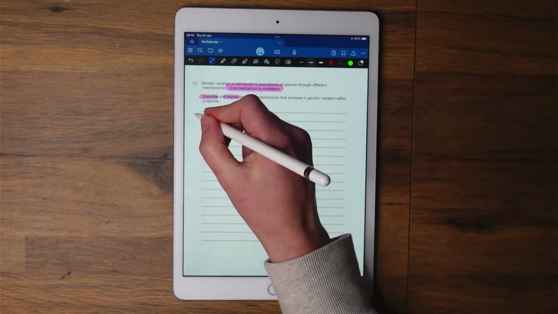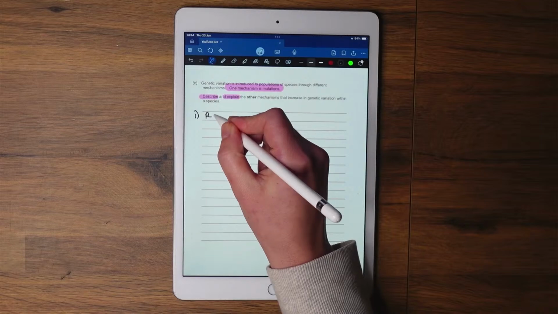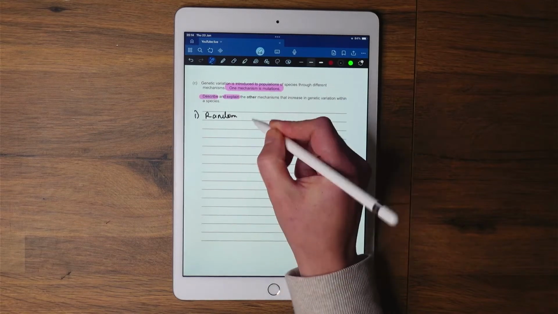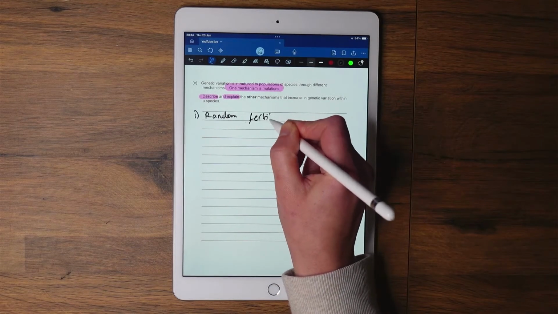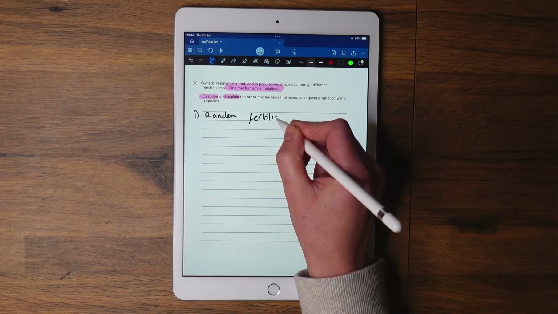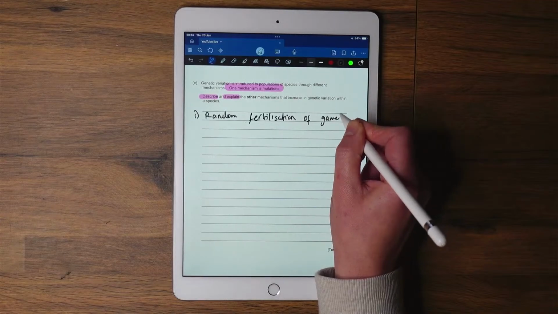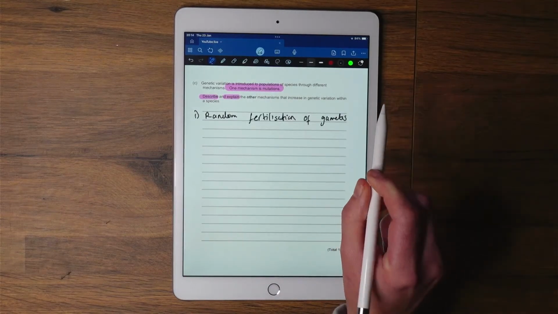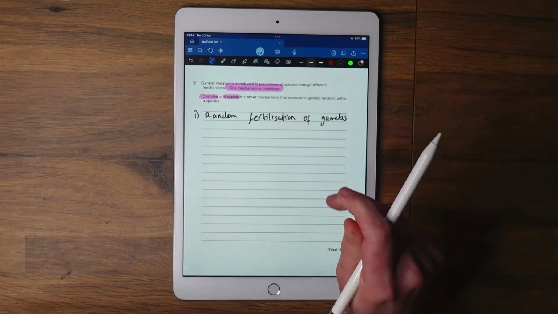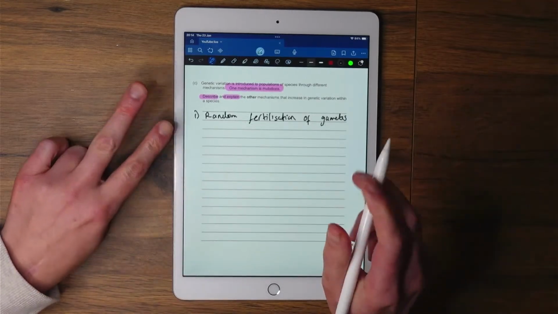So I'm going to jump in with random fertilization of gametes. So that's 1. Then I'm going to think about the 2 that happen in meiosis.